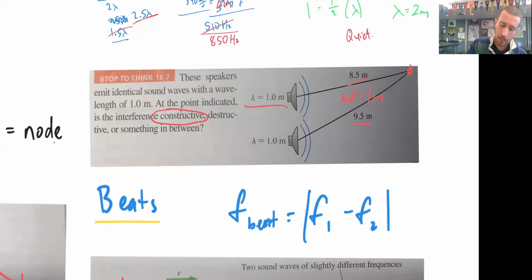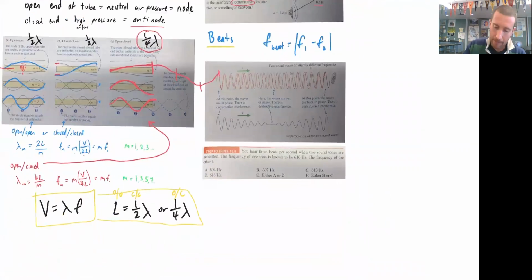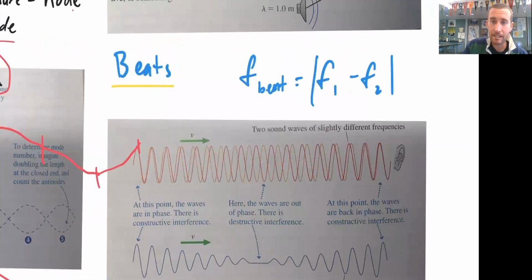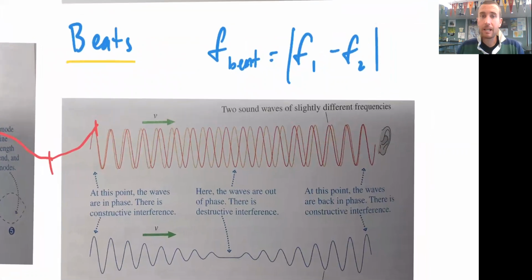All right. Last idea that we are going to talk about is beats. So a beat is where you're playing two frequencies and you can hear them kind of coming together. So it'd be like you're playing something and it's actually more like a wobble, and I'm doing about 2 beats per second there.